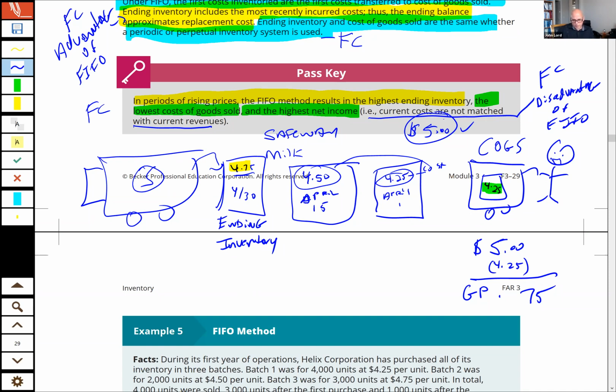Of 25 cents. So our net income would be down and we would be reporting a better number for our gross profit here, right? So the FIFO method has that disadvantage, is that it's matching current sales price with older cost numbers for my inventory. Okay.